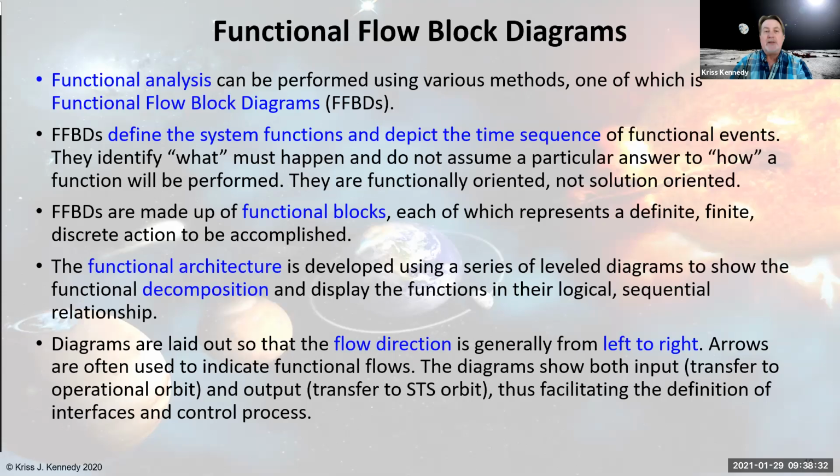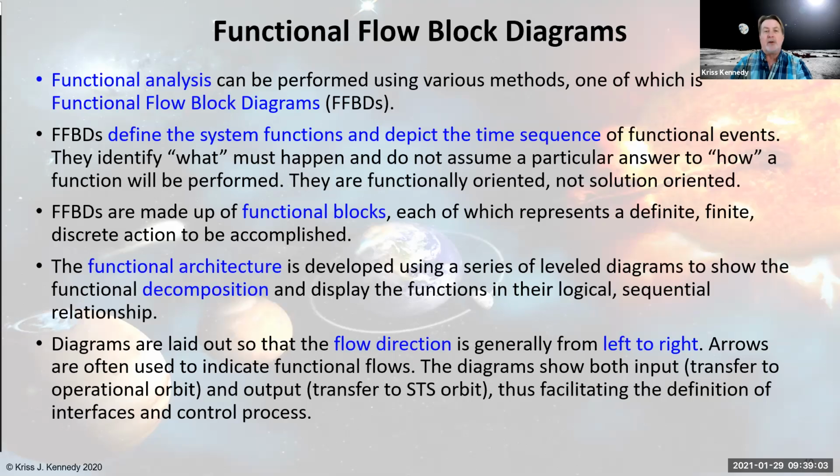So the FFBDs are made up of functional blocks, each of which represents a definitive, finite, discrete action to be accomplished, like vehicle control, or an example might be perform translunar injection. So the functional architecture is developed using a series of level diagrams to show the functional decomposition and display the functions in their logical sequence relationship.